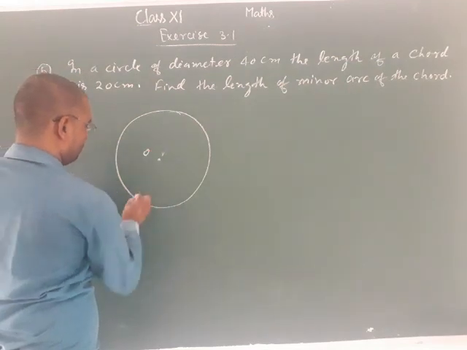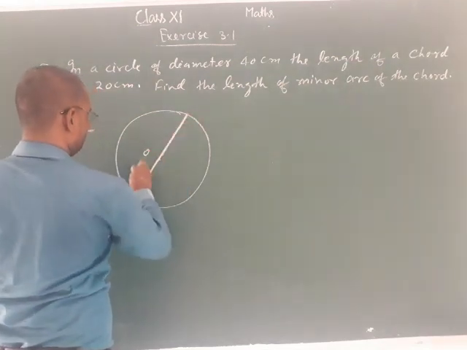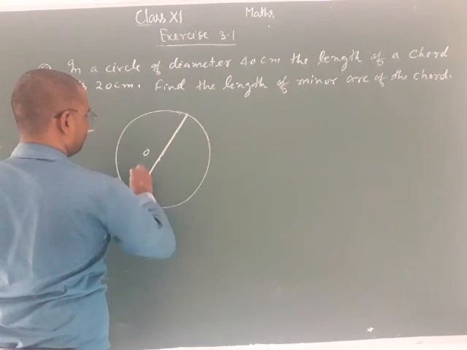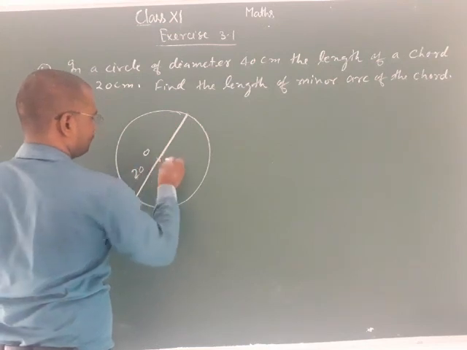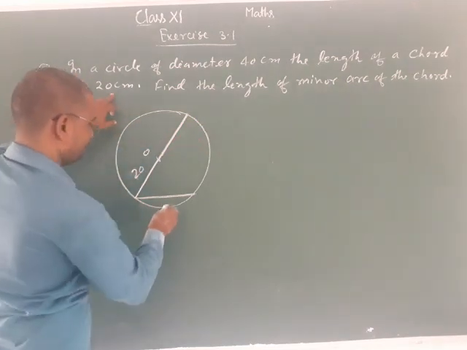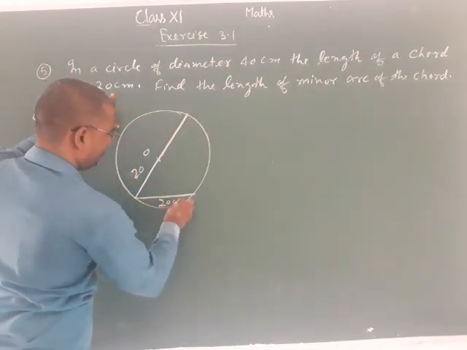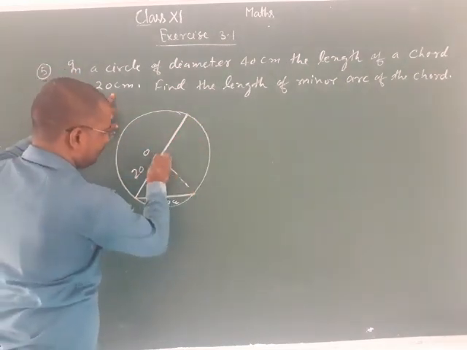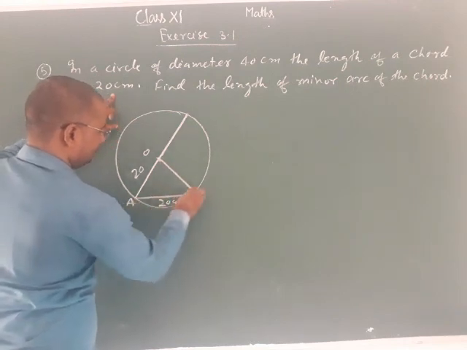So diameter is 40, radius 20. And the chord is 20 centimeter, join A and B.